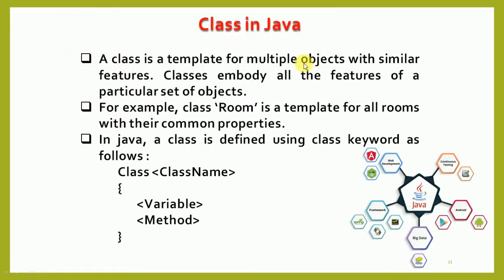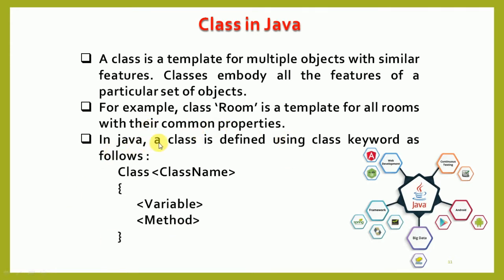Class in Java: a class is a template for multiple objects with similar features. We already discussed this class in chapter number 6, object oriented concepts, right? So classes embody all the features of a particular set of objects. For example, if we select the class Room, it is a template for all rooms with their common properties.